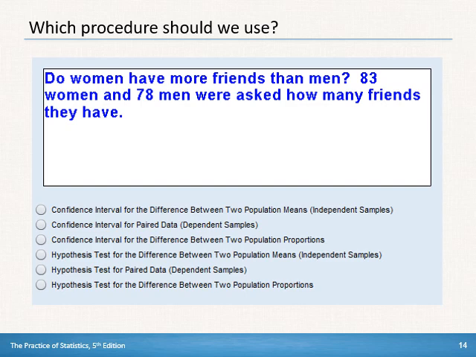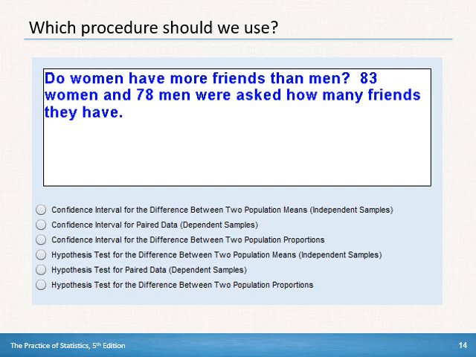So it's either going to be two proportions or two means, and then sometimes we'll use paired data as well. What we want to do here is read through the question, read through the situation, and then decide which of these 6 inference procedures is most appropriate. So let's read through it.